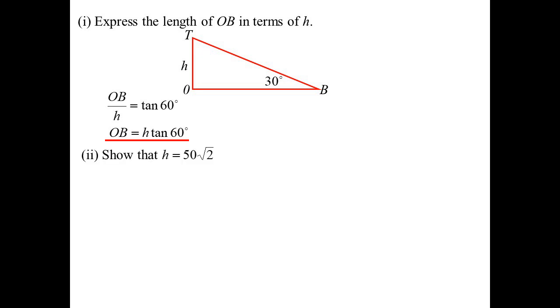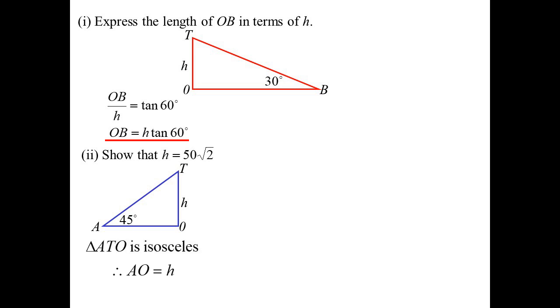Show that H turns out to be 50 root 2. Well, that's when I drew another triangle that also involved H, and that was this one, AOT, and that angle was 45 degrees. But that's nice because that's a 45 degree right angle triangle. Again, we've got exact ratios that can help. It's isosceles, so I know OA, or AO, is also H. Now, I've also got this triangle.